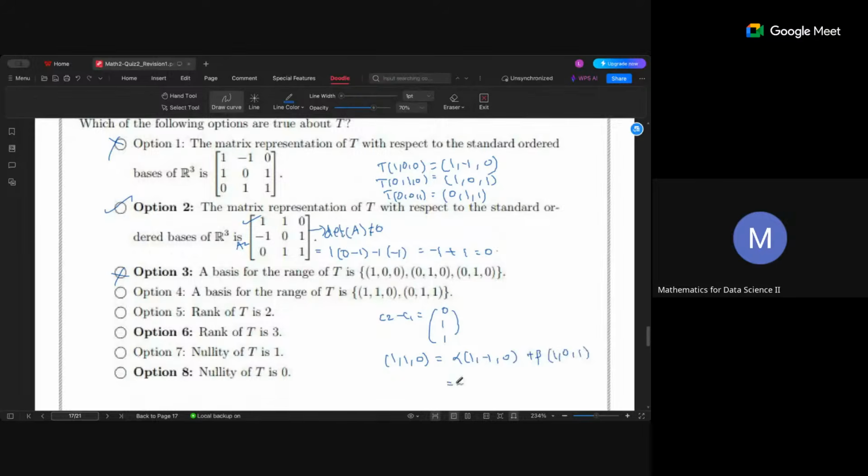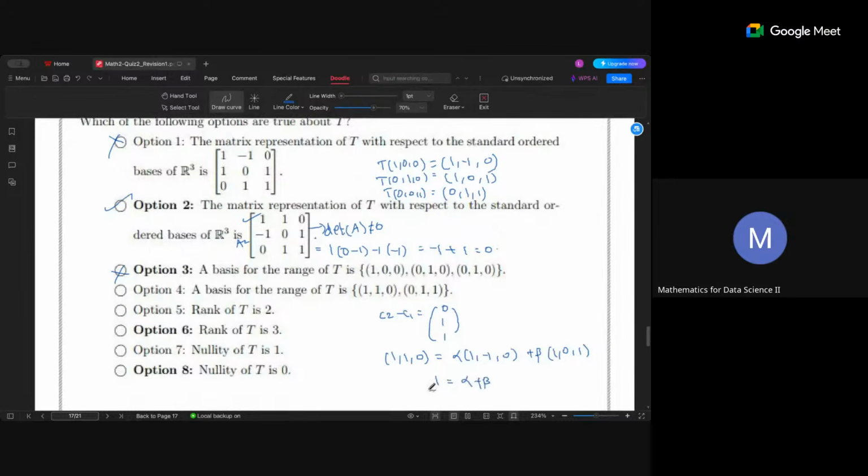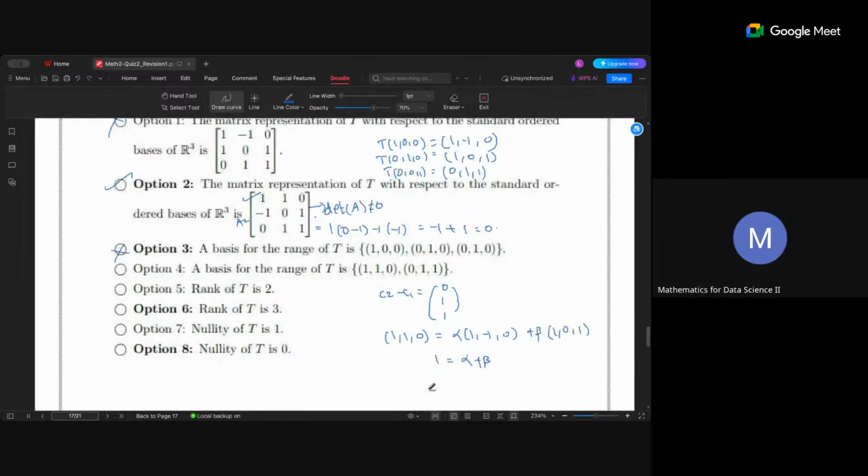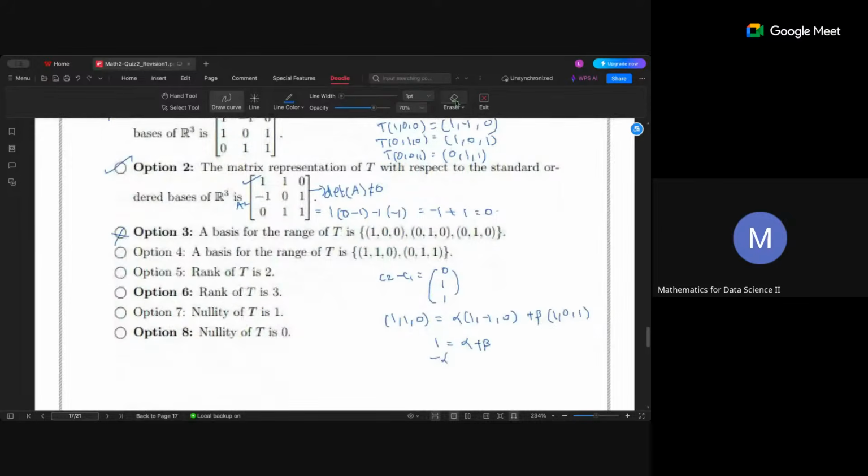If you do that, then alpha plus beta is equal to 1, and you have 1 is equal to minus alpha, and what is your beta in that case? Beta is 0. So alpha is equal to minus 1. So this is not possible, right? Beta is 0 and alpha is minus 1 cannot give this. So this means this vector does not belong to the range.